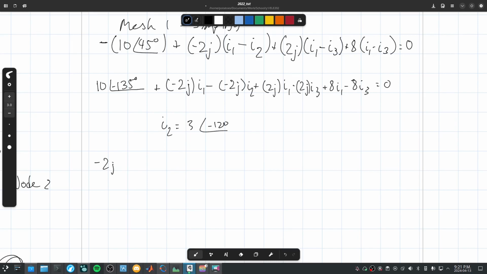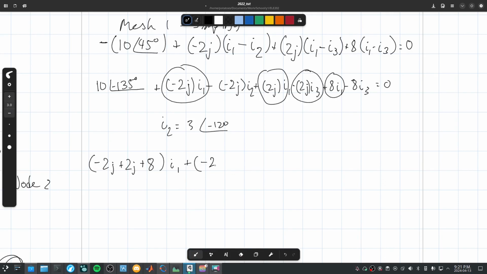So you get negative 2j, so there's I1 plus 2j plus 8, I1. Now let's collect I3. So that is a minus. So plus minus 2j minus 8, I3.